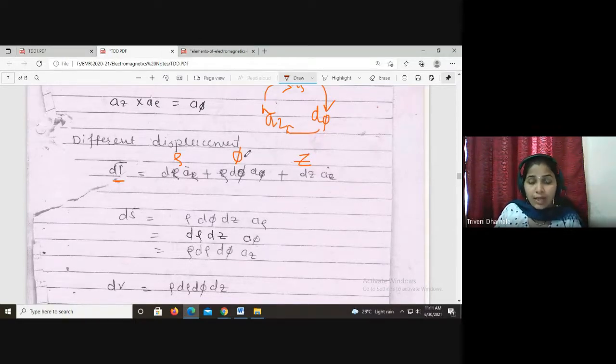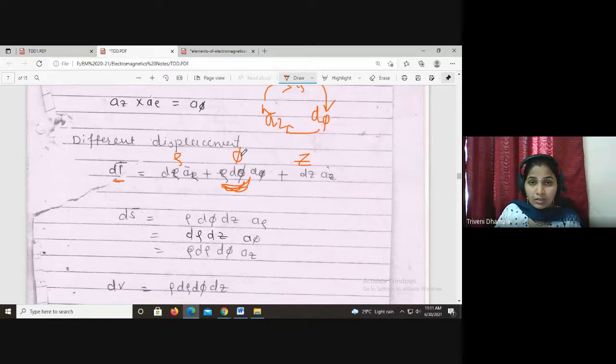But phi is an angle, it is not a length. We measure angle in degrees, not in meters, right? So we have to convert this phi angle with some modification for the differential length.